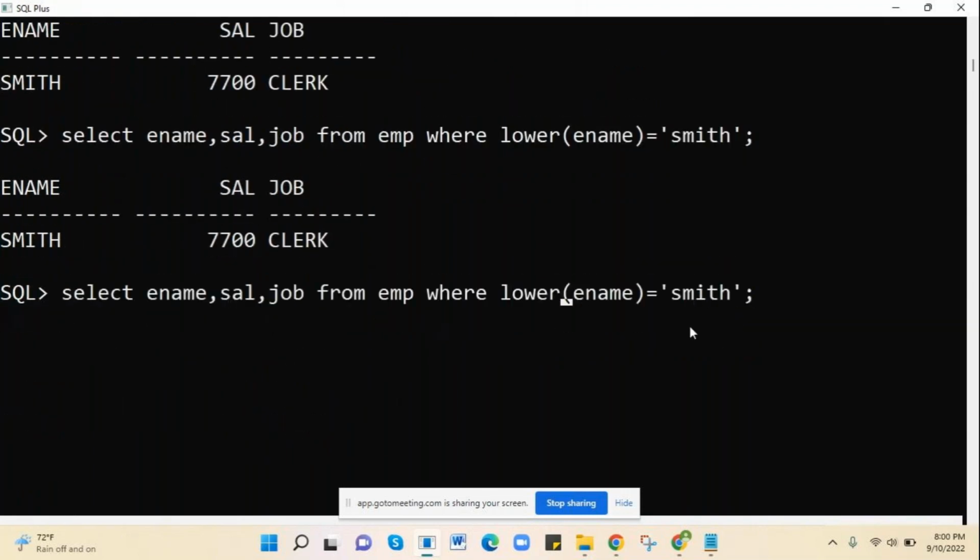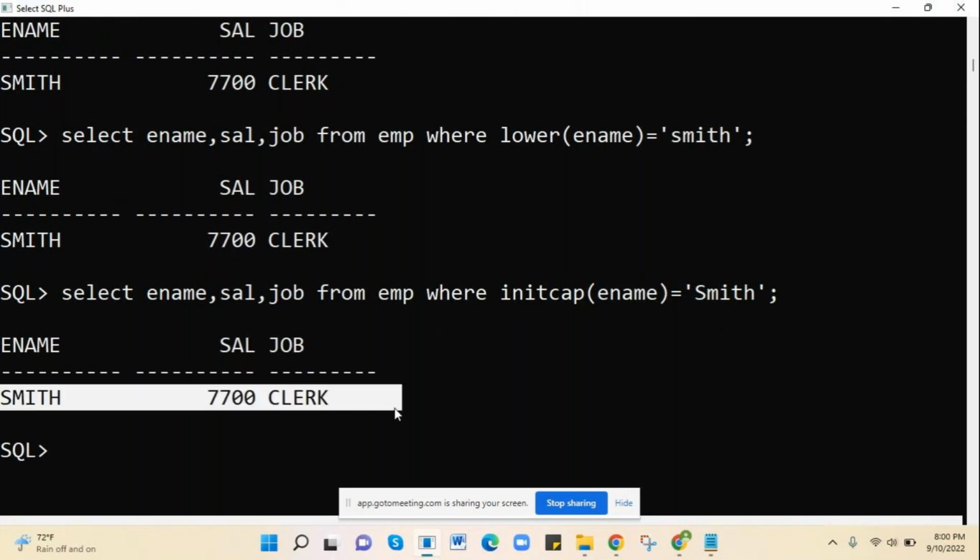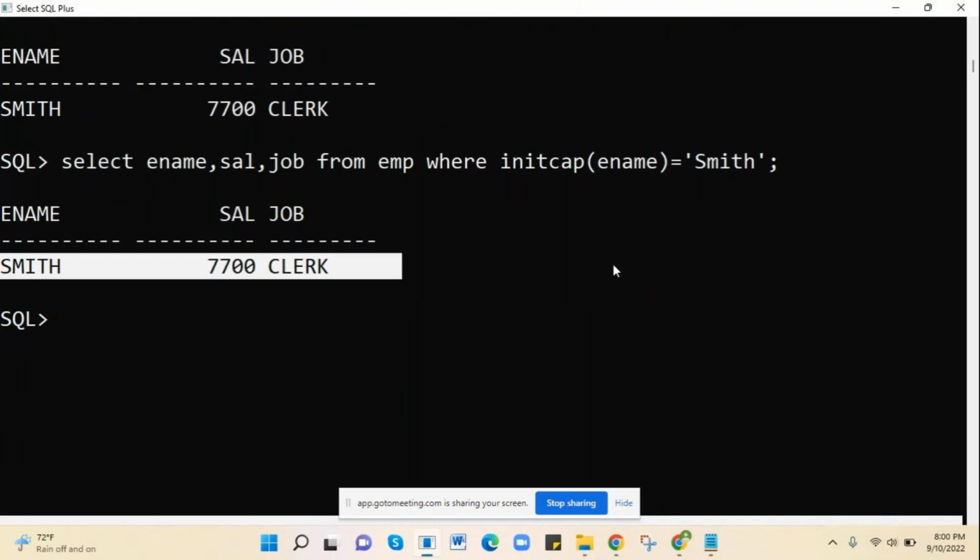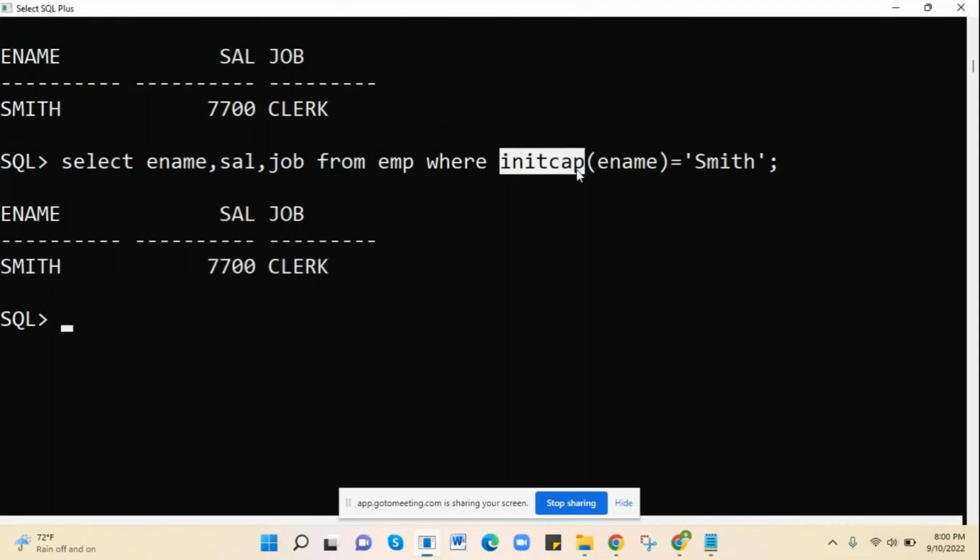Or else you can use initial cap, capital S. You see, that is the thing. That is the use of character functions: lower, upper, initial cap. Because you are new to the table, but you want to retrieve the information, at that time use these character functions, lower, upper, and that one. Okay na?